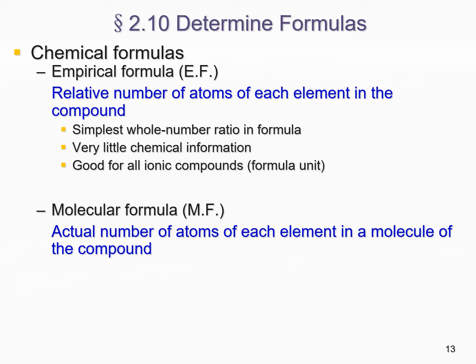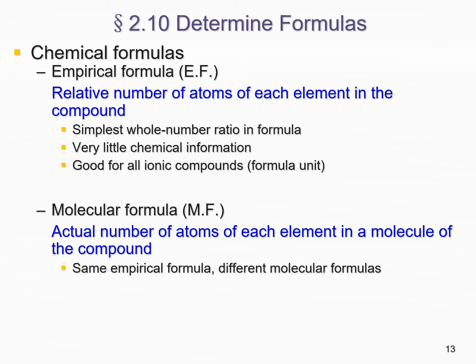On the other hand, the molecular formula is the actual number of atoms of each element in a molecular compound. That means the same empirical formula could lead to very different molecular formulas. If you recall in chapter 2, as we discussed, if we multiply CH by 2, we have C2H2. If we multiply the same empirical formula CH by 6, we have C6H6, two very different organic compounds.